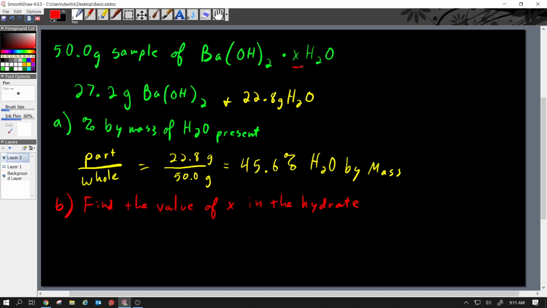All right, so we are looking for this number right here. Now, the way that we're going to find the value of X is the first thing we need to know is how many moles of each we had present.